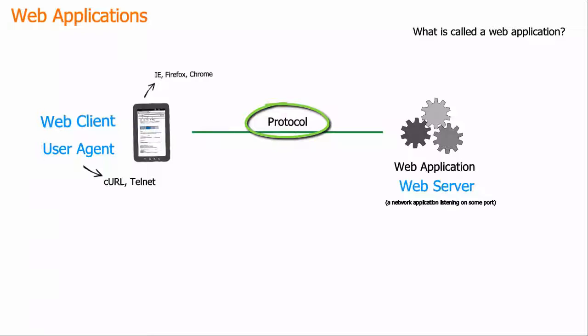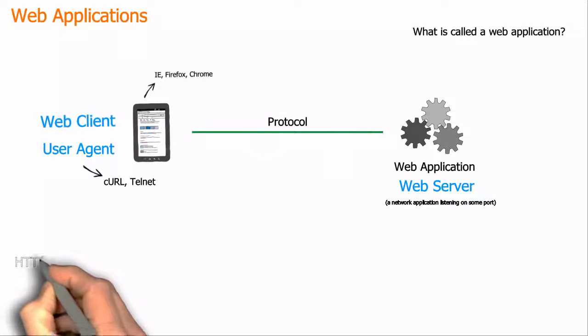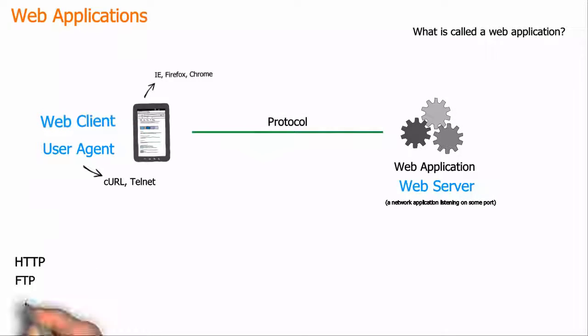And the browsers can speak some standard protocols like the HTTP protocol, the FTP protocol, the WebSocket protocol. There are many protocols which the browsers can speak, and they are standards. Each of these protocols is suitable for different kinds of tasks. For example, the FTP protocol is used for transferring files.